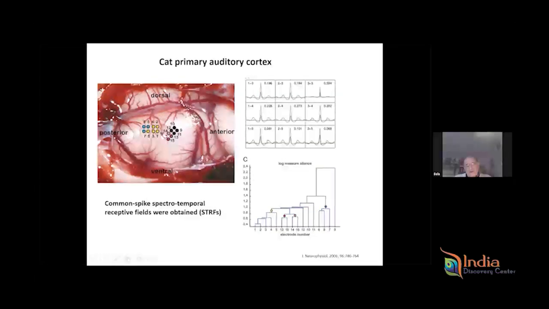And they noticed that if they applied different sounds, then the clustering size moved smaller or larger. So a very dynamic clustering happens depending on the stimuli.